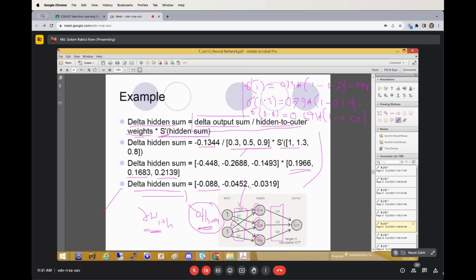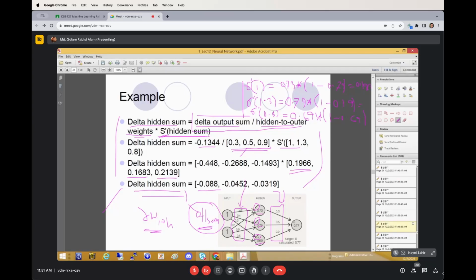One thing you need to remember here is that we should not use the updated weights at this stage. Updated weights are only used for the next iteration. We have already updated these weights, but for this calculation we will not use the updated weights because we are updating weights for the next iteration. So whatever we had in our previous iteration, these values we have to use here: 0.3, 0.5, and 0.9.